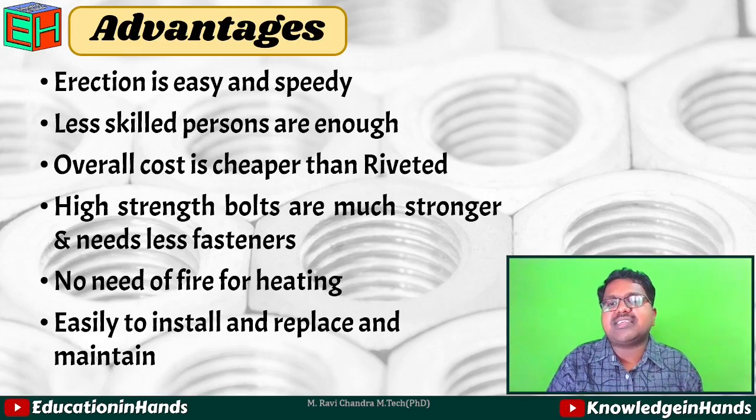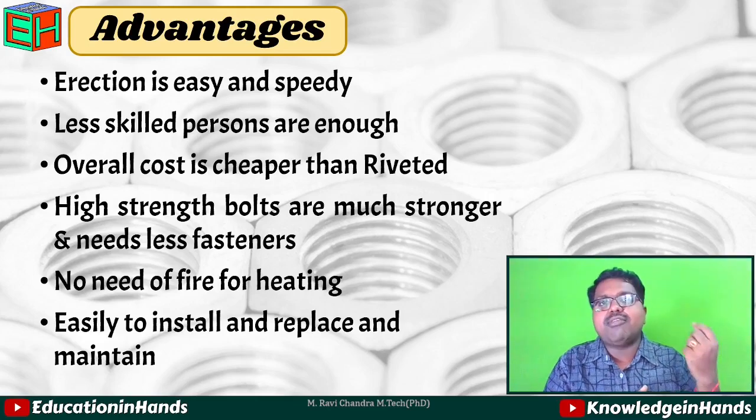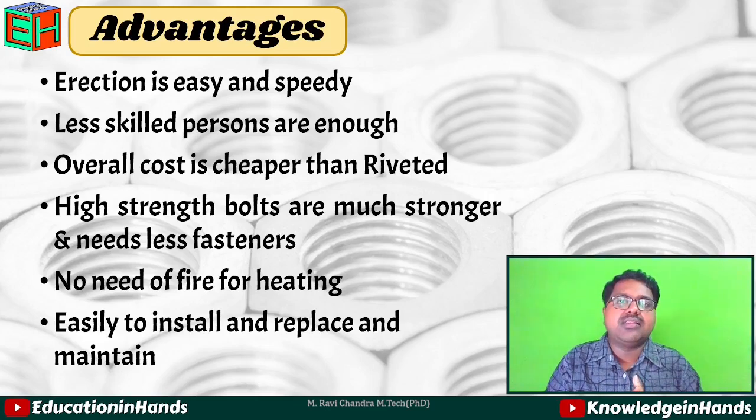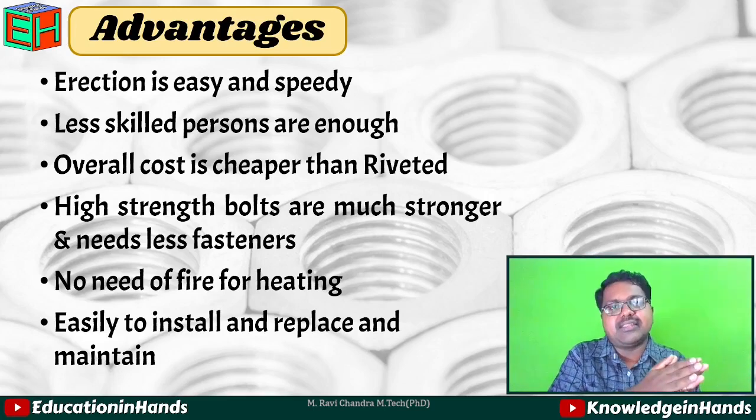And the last one is easy to install and replace and maintain. Whenever we install a bolt, if it is having any problem, then we can remove it and replace it with a new one. There is no need of high damage or high maintenance in case of bolted connections.